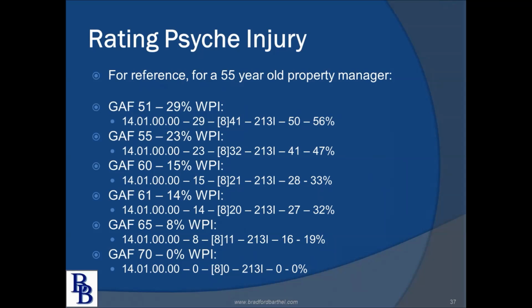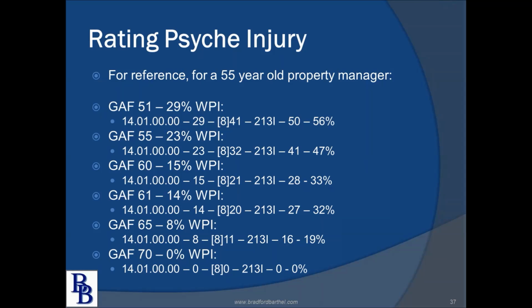I just wanted to show an example of how the different GAF assessments could impact a rating. For these ratings, I used a 55-year-old property manager, and the first 3 up there, GAF 51, 55, and 60, are all within the range of 51 to 60, which is moderate symptoms.